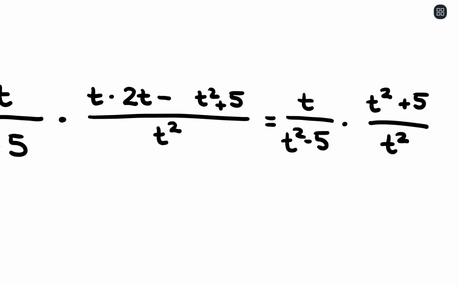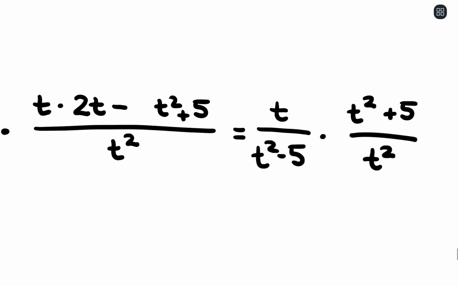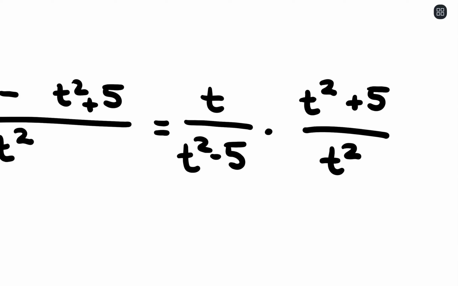Okay. Trying to look for some things that will cancel. In terms of canceling, I probably should have said this so much earlier, but hopefully you've been noticing the theme that we cannot cancel across addition, subtraction. So like I can't cancel those two values, but I can cancel across multiplication.